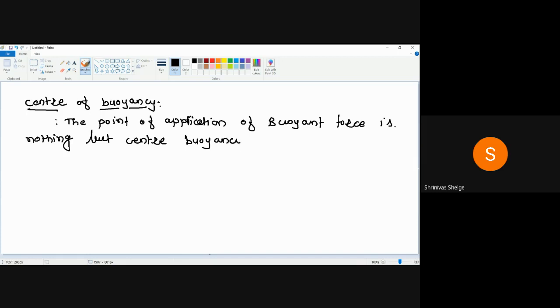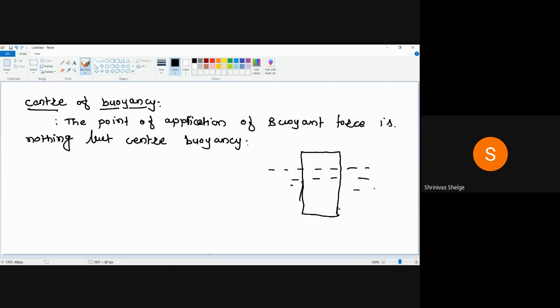Yes. So suppose again fluid is there and a body is partially immersed in the fluid like this one. So how to find out the center of buoyancy? Where exactly does it get located?